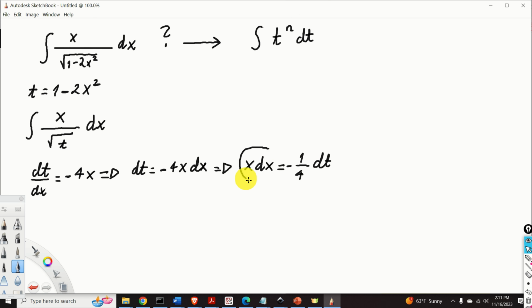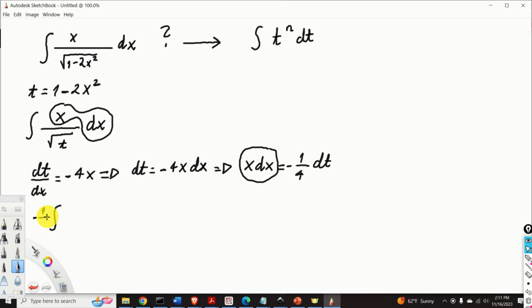And observe this term over here and look over here. This term appears over here. So instead of x dx, we can write minus 1 over 4 dt, and we got rid of x dx, and we only have dt and a constant. Consequently, our integral will look like this.